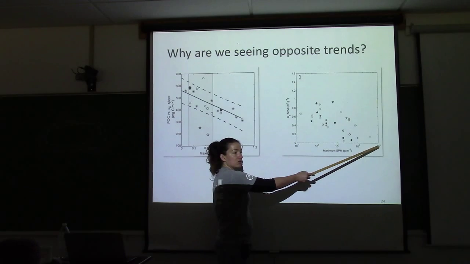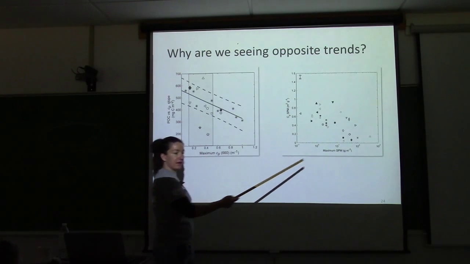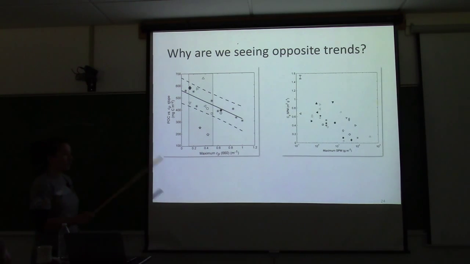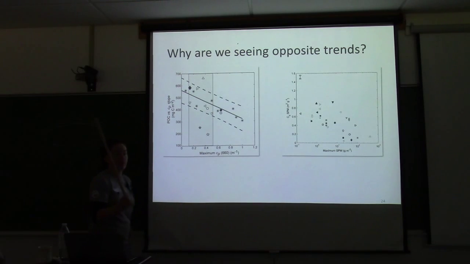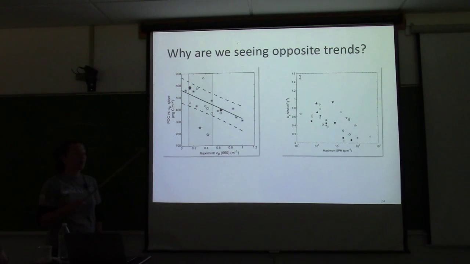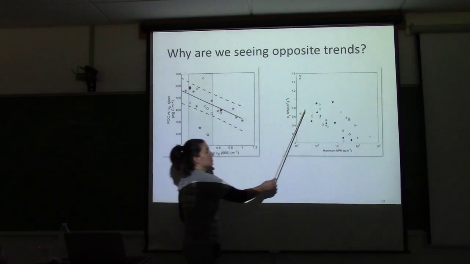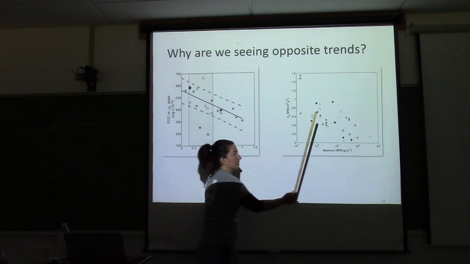This is a kilo of matter per meter cubed. That's a lot. So we're talking about two completely different environments. Exactly. This stuff is bottom boundary layer.